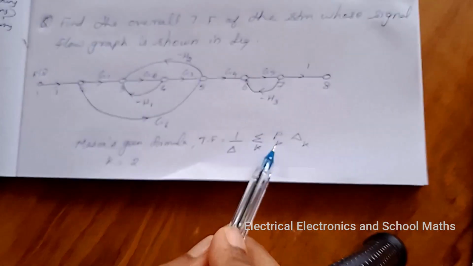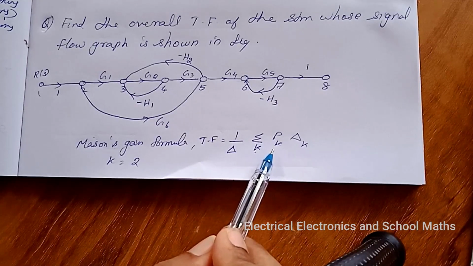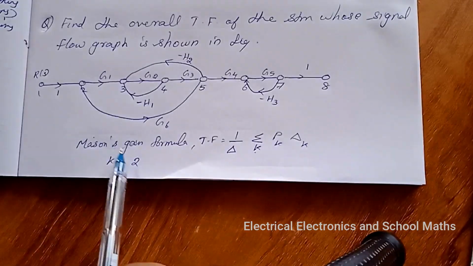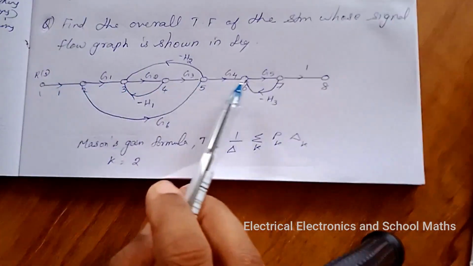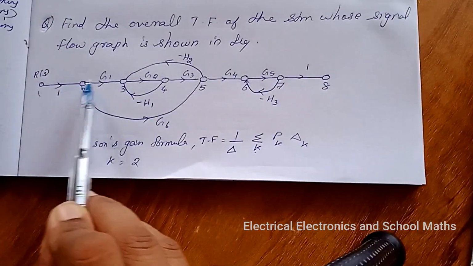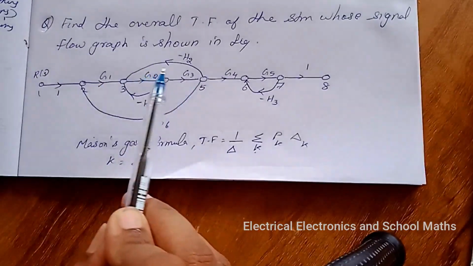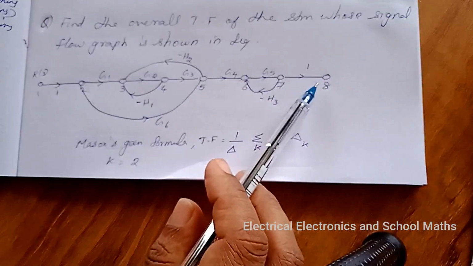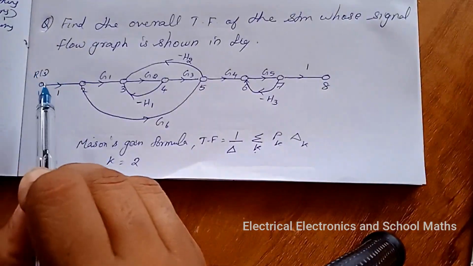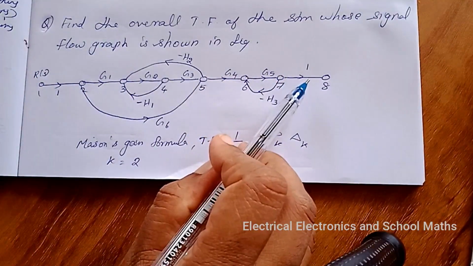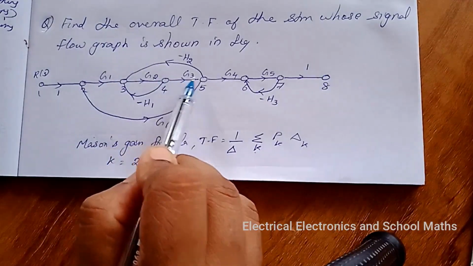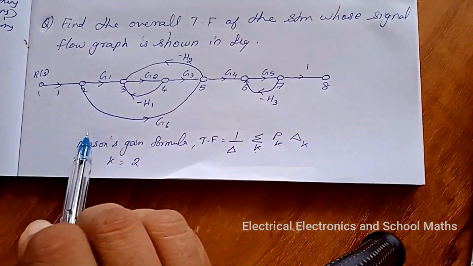Next step is to find the forward path gain, that is Pk. The gain of a forward path is the product of the branch gains along that forward path. For the first forward path, the gain is 1 into G1 into G2 into G3, G4, G5 into 1.